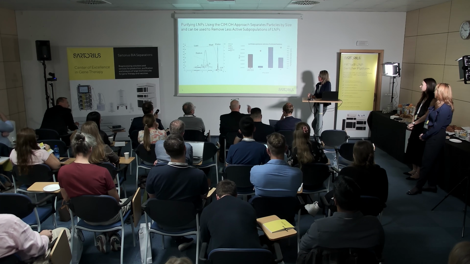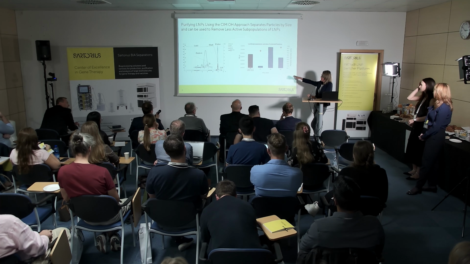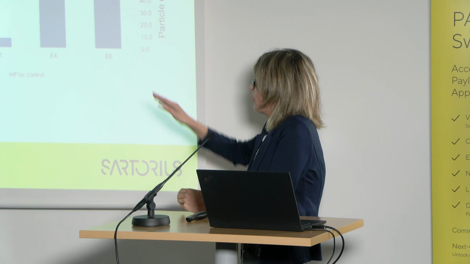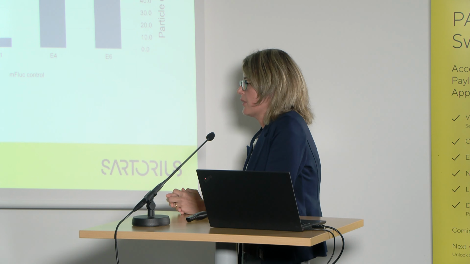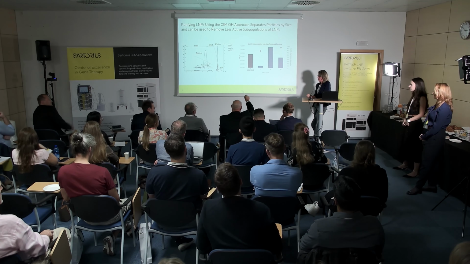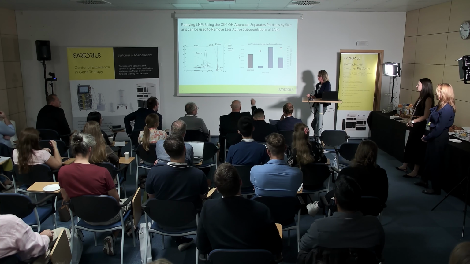E6 should be fuller than... Well, is it necessary that the bigger it is, the more full it is? Okay. But at the same time, the expression here was regulated by the amount of the RNA, so it is something more than that. Interesting. I just want to mention that this is not a huge difference.